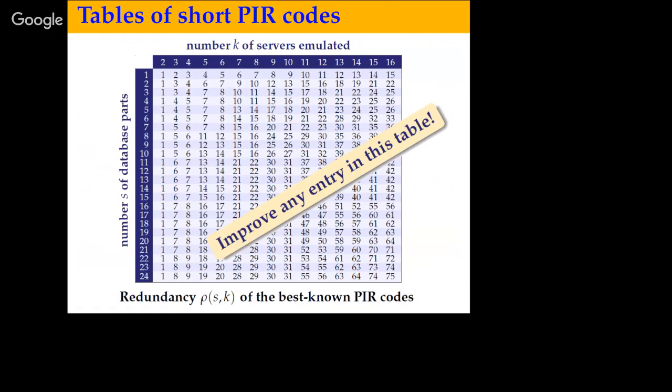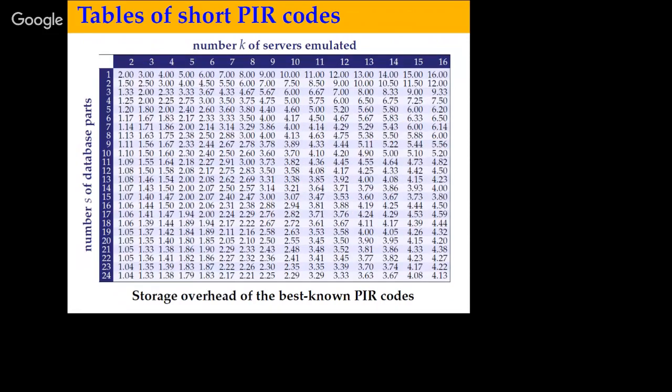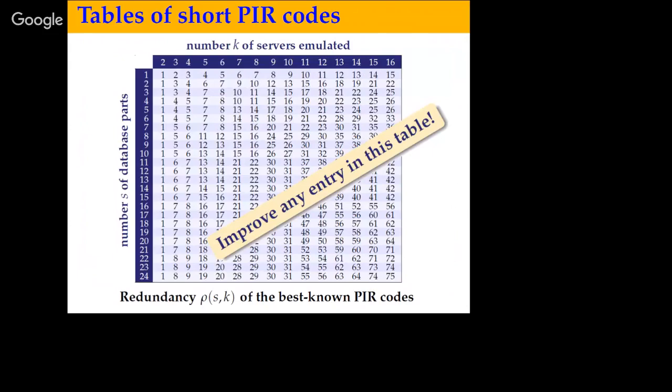Okay, now this is the same table, but converted into storage overhead. This table here is in terms of rho, s and k. What is the storage overhead? We've seen this at the beginning of the second part.